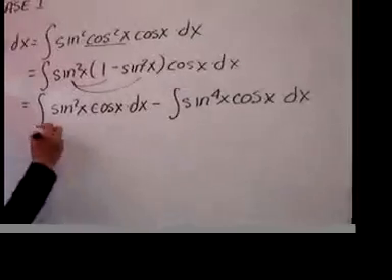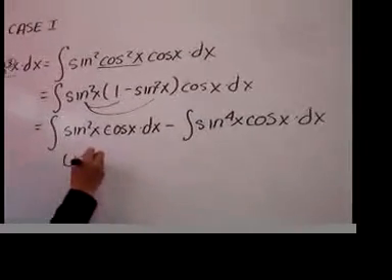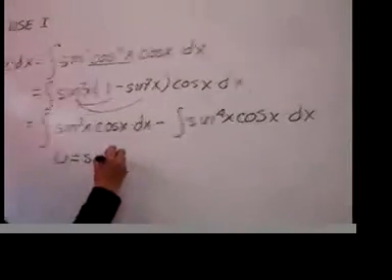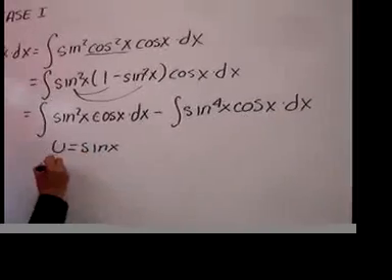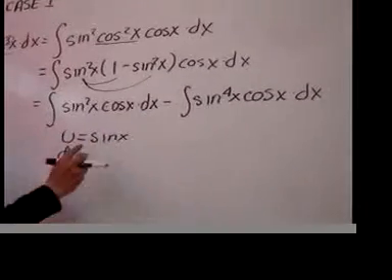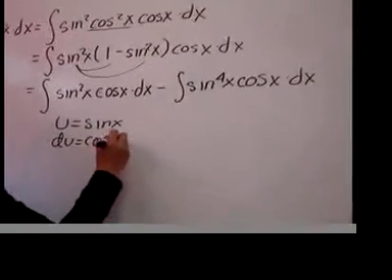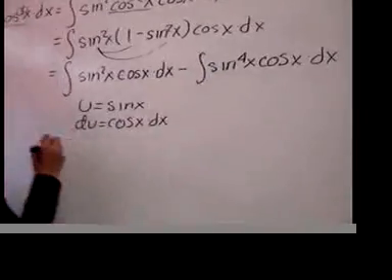And then if you use u equals sine of x, and du, that is the derivative of sine, is cosine of x times dx.